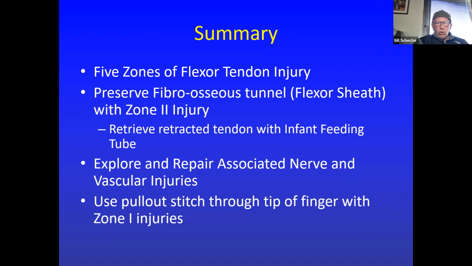Same principle with zone 1, except that you usually have to use a pull-out suture to do the repair. And that, ladies and gentlemen, finishes our discussion of flexor tendon injuries.